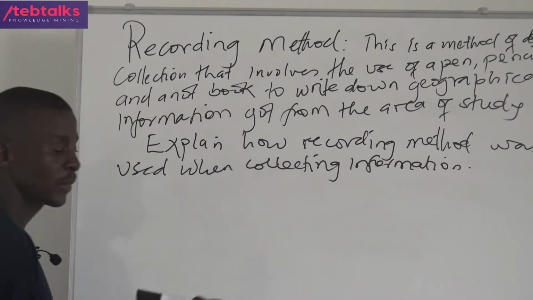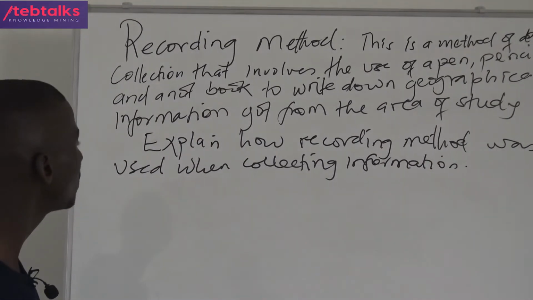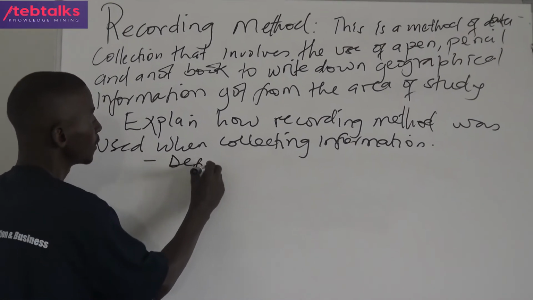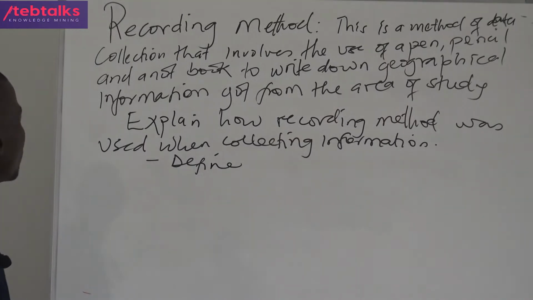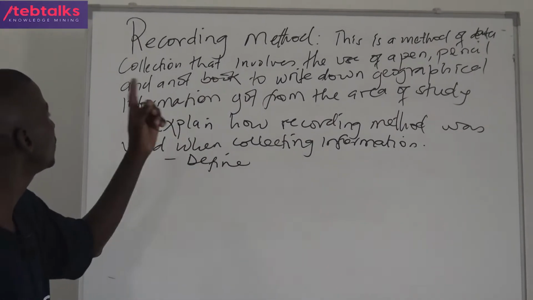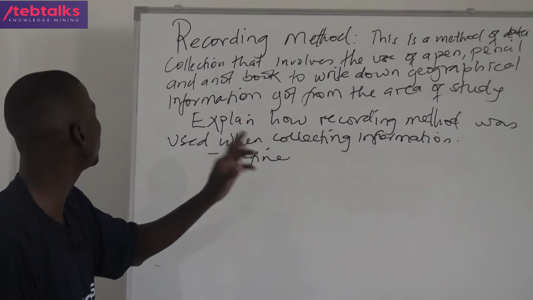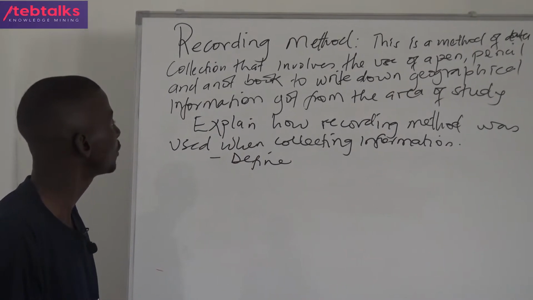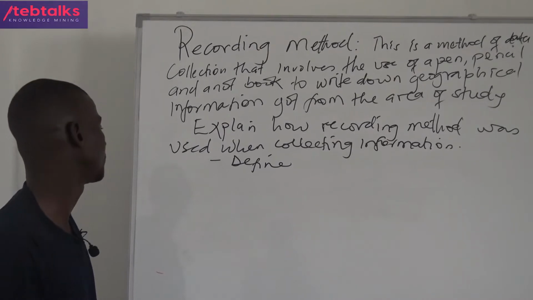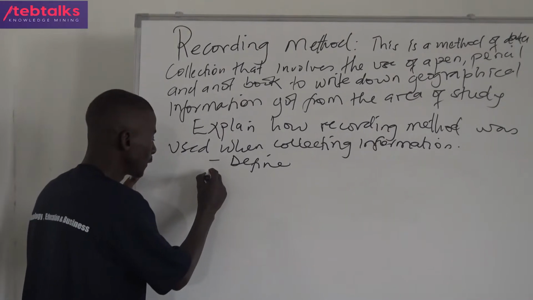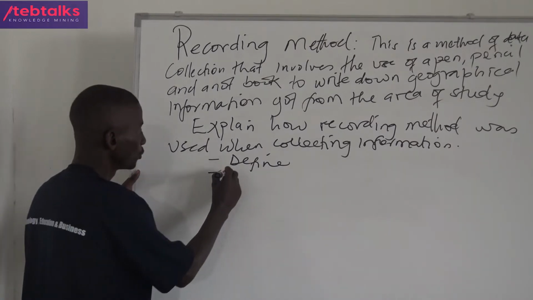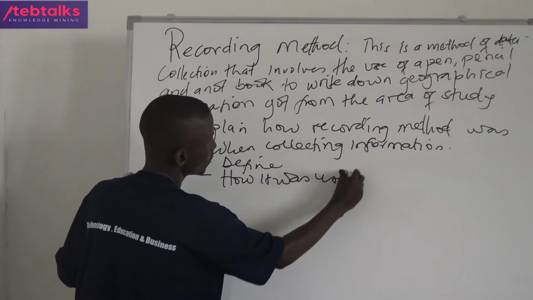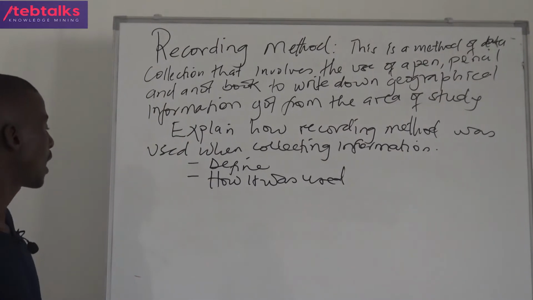So you have to remind yourself, where do I begin from? Define the method. Write it as it is. A method of data collection that involves the use of a pen, a pencil, and a notebook to write down geographical information got from the area of study. Then after defining, how was the method used?